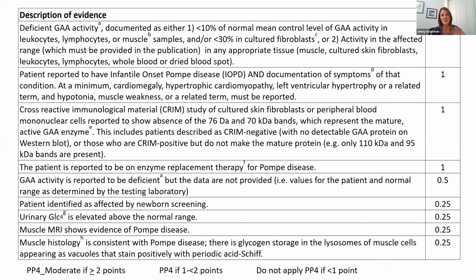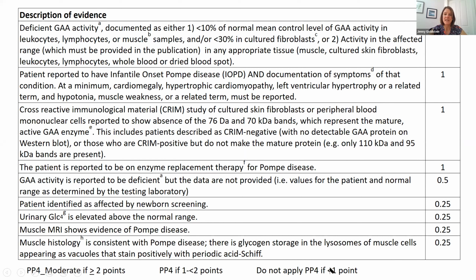So we went back and completely revised our PP4 and created a point system where, depending on how specific we feel that a particular feature is, we would add a certain number of points. We go to PP4 moderate at the highest, not as high as strong, but moderate is the highest. So if you have 2 or more points based on the system, you can apply PP4 moderate. PP4 for 1 to less than 2 points.